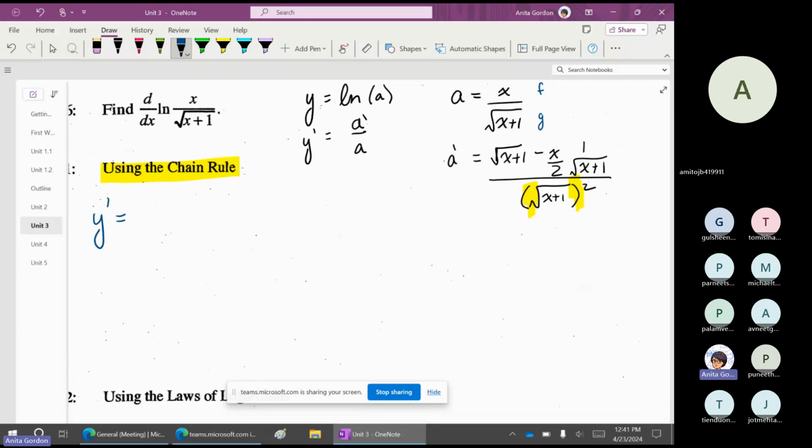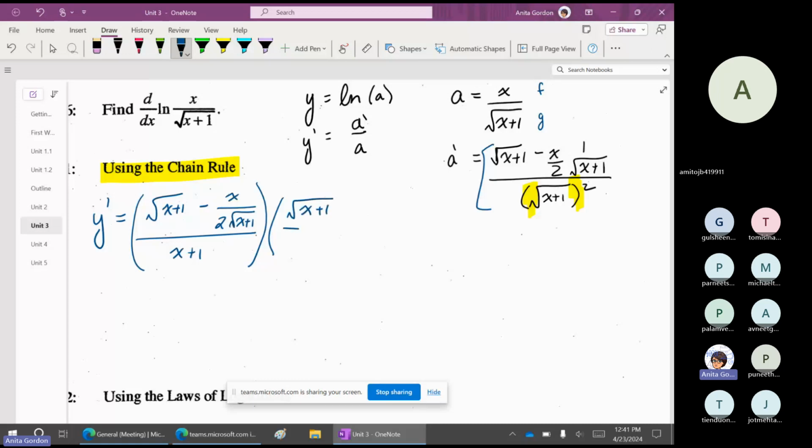So a prime is root x plus 1 minus x over 2 root x plus 1, all over x plus 1, times the reciprocal of a, which is root x plus 1 all over x. What I just did is a prime times 1 over a. Did we follow that?